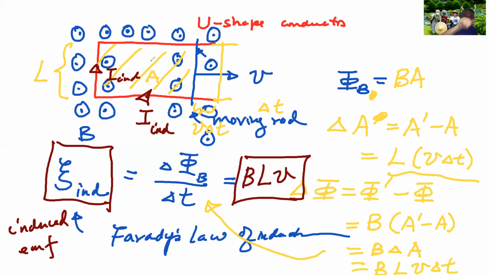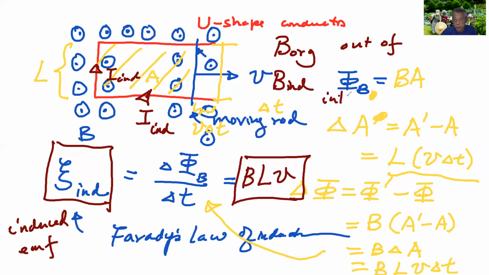Then the induced magnetic field will be going into the page. So B original is out of page, but B induced is into the page. You can see that because phi is increasing, the Lenz's law says that if you are increasing, then I need to try to reduce you.